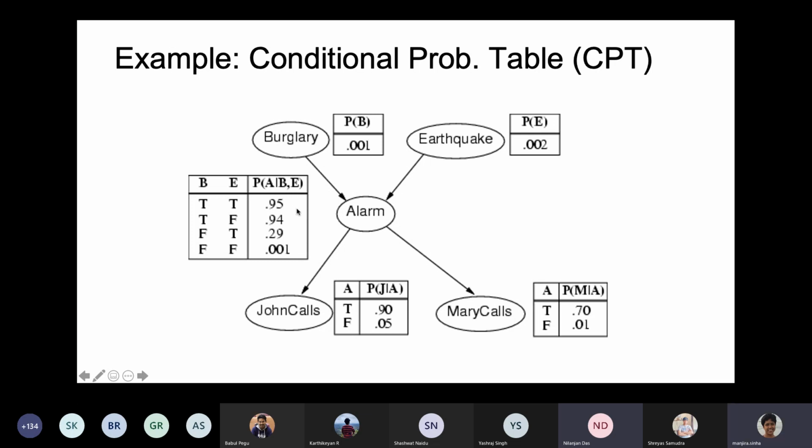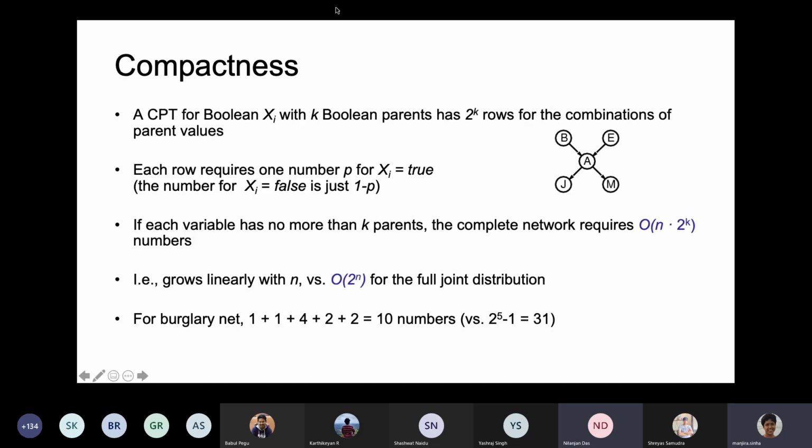In this way, we are not required to have another column with 4 more numbers for the non-occurrence of the alarm given the same conditions, because we know it is a Boolean variable. If we have the value for true, we can get the number for false by just doing 1 minus P.